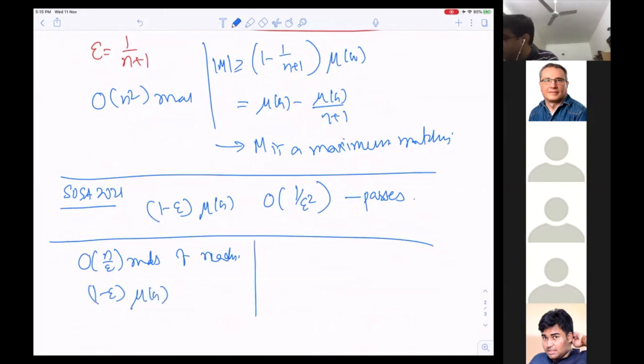But what this paper tells us is that there is a clever implementation where I don't need order n over epsilon rounds. I can do it in order 1 over epsilon square rounds.